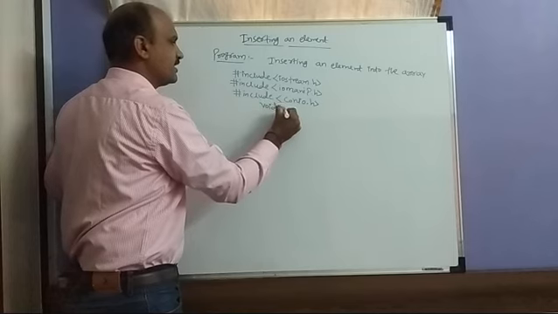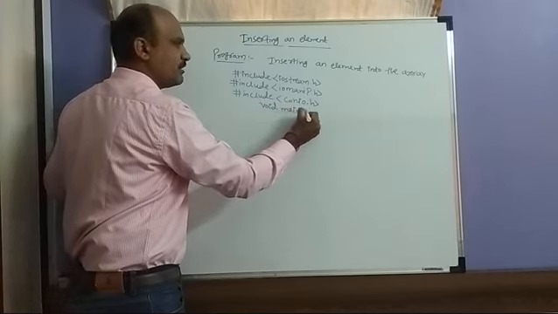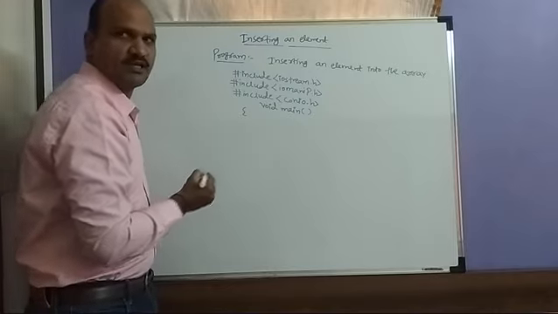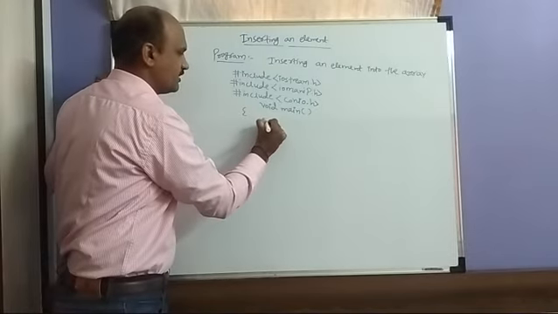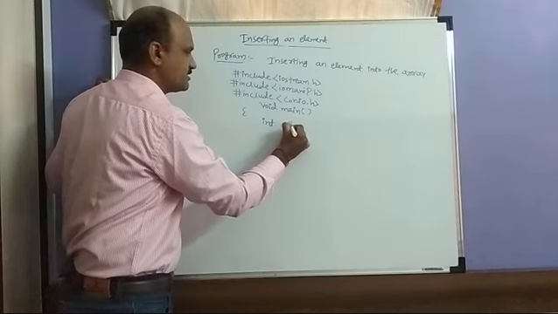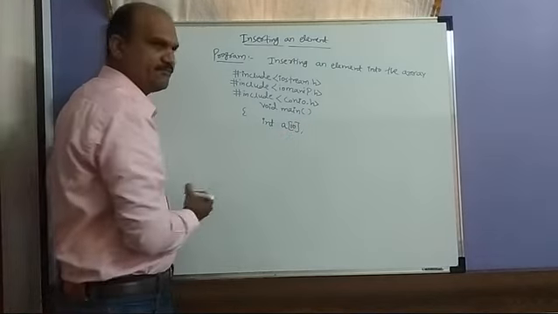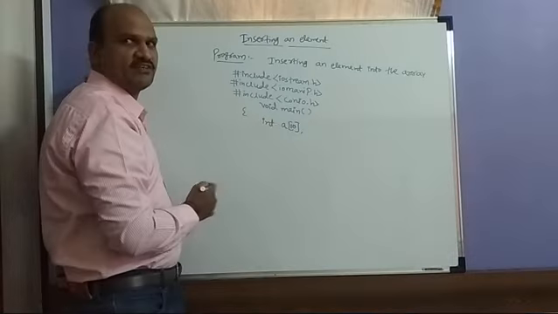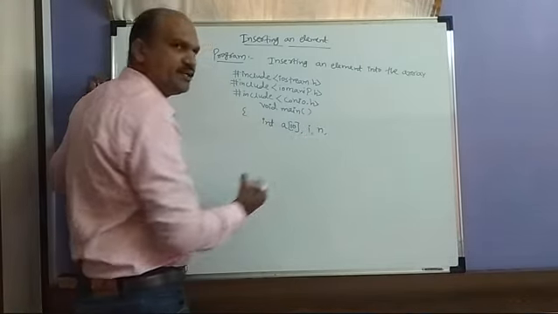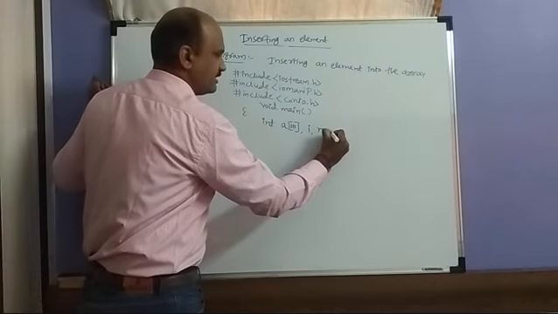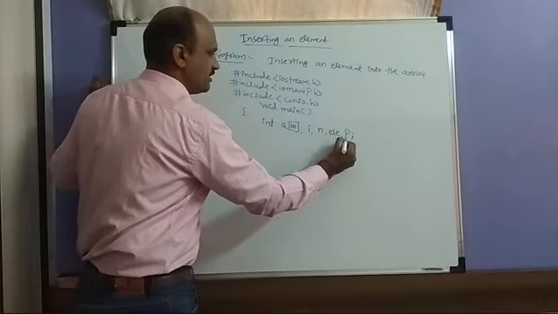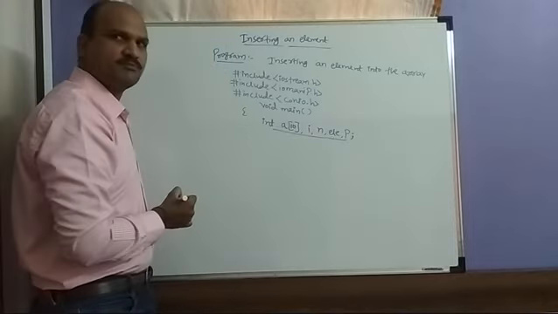Then declare the variables required for the program. As I told you, it is a one dimensional array. Again, you have to specify the one dimensional array with the integer type and the array name as A and the size of the array. So here the array name is A, size is given 10. Okay. Then you need I, then you need N for the elements, then the element to be inserted, then the position. These are the variables required for this program.